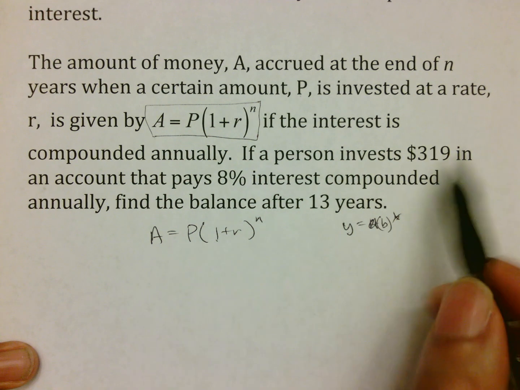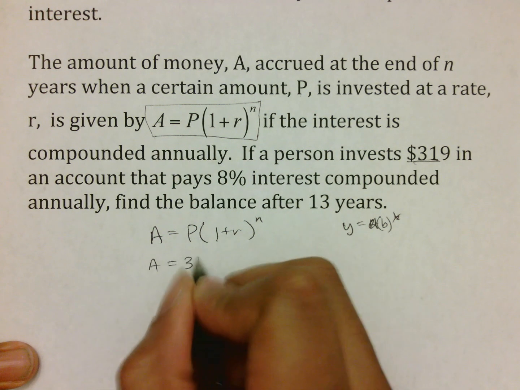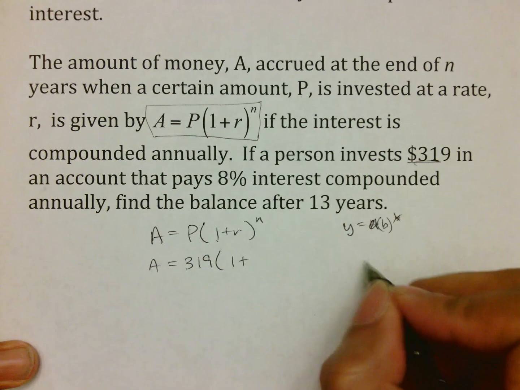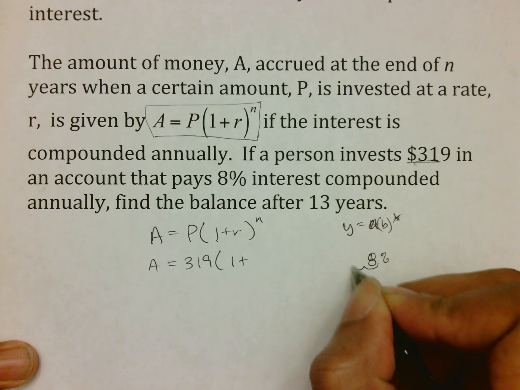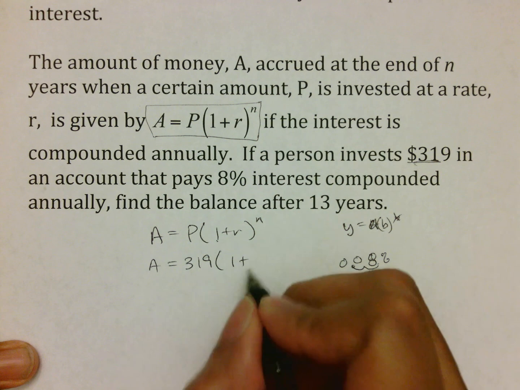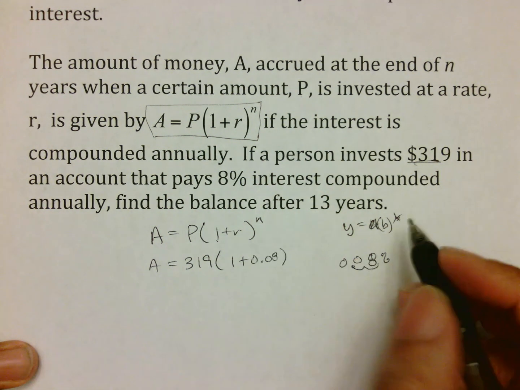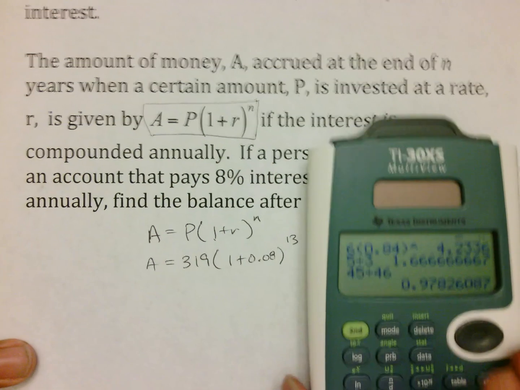P represents the amount that you're starting with, which is $3.19. 1 plus, we need our rate, which is 8%. Keep in mind, 8% means you move the decimal 2 spots forward, and so that is 0.08. And then n represents the number of years, which is 13, and all you have to do from there is type that in.